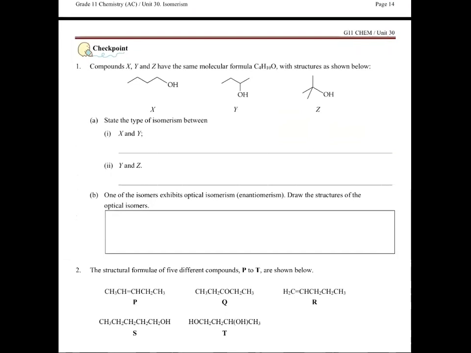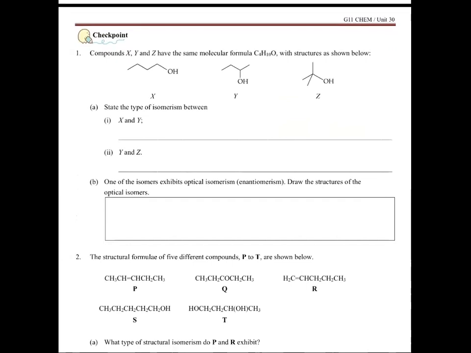So for the first one, compounds X and Y have the same molecular formula with structures as shown below. State the type of isomerism between X and Y. If we take a look at X and Y, first you can see they have the same functional group. Then let's take a look at the position of the functional group.